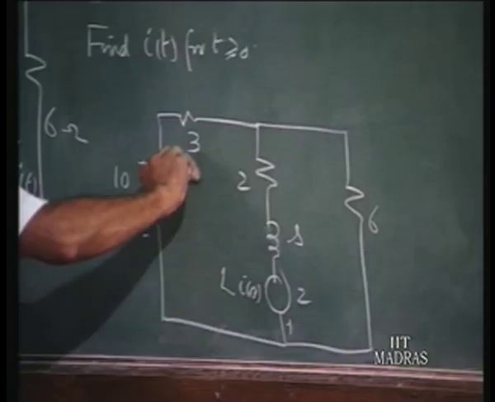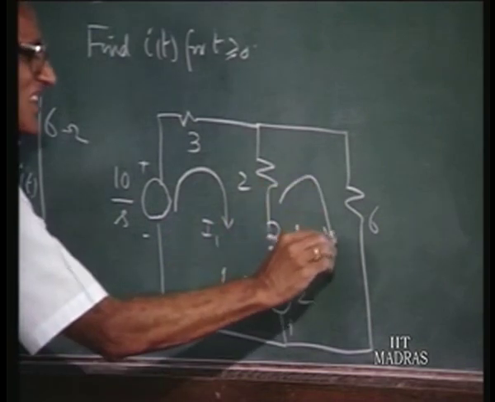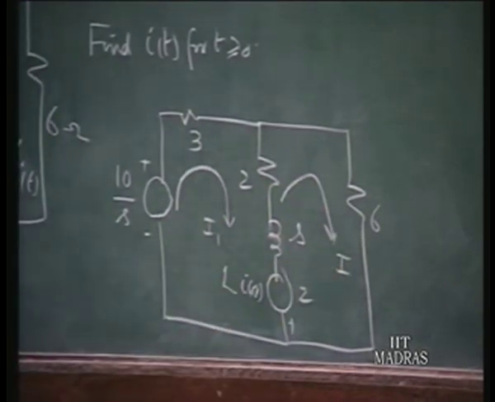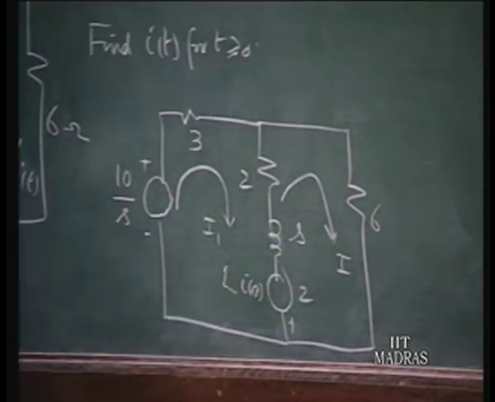So we solve this in terms of the loop currents. After all, once we have the transform diagram, the equations are written down in exactly the same manner as we would do for DC circuits. So you write down the loop equations for these two loops in terms of the variables I1 of S and I of S. I of S is what we are interested in.